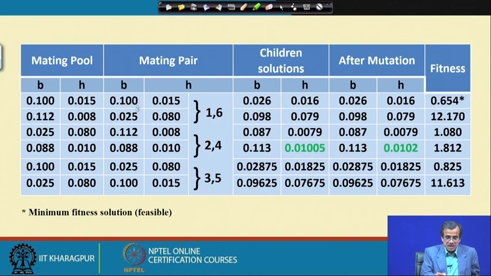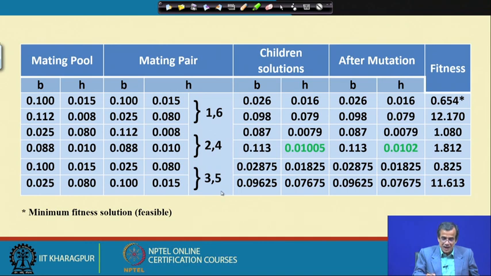So, these two parents are going to participate in SBX, that is simulated binary crossover, and let us see how to implement that. To implement that, I am just going to show you that particular detailed calculation.